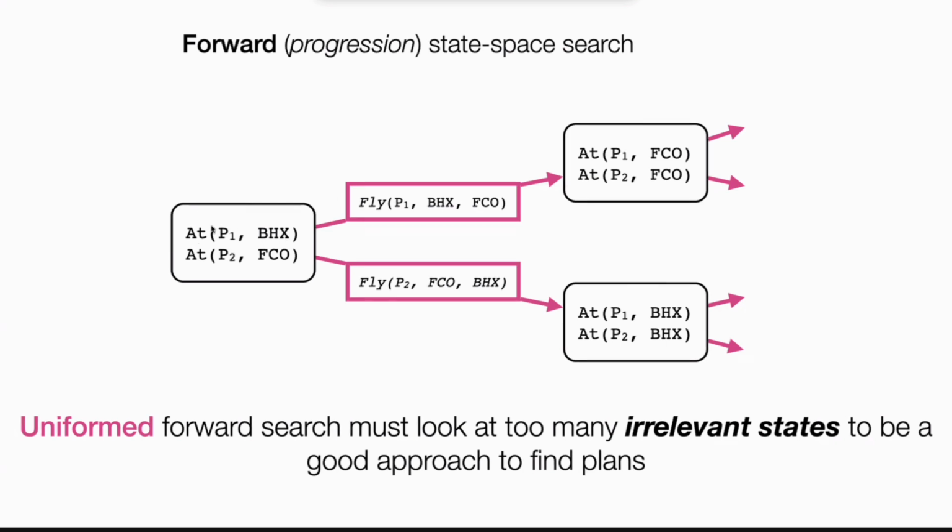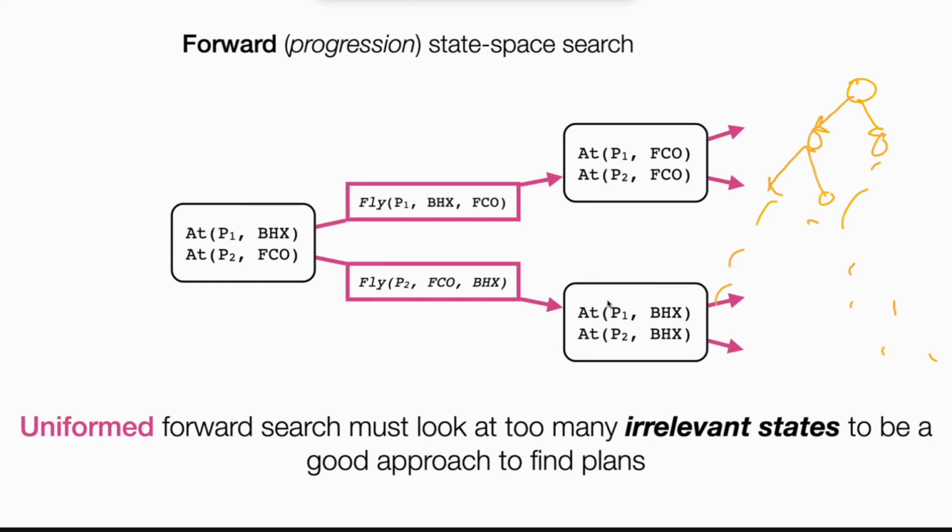So here we've got our state, we apply P1, we get this state. Here we've got our state, we apply fly P2, and we end up at this state. Okay? So you can imagine this over time building our tree, right? So we would go here and here, and then we're going to build this, just like we saw before.